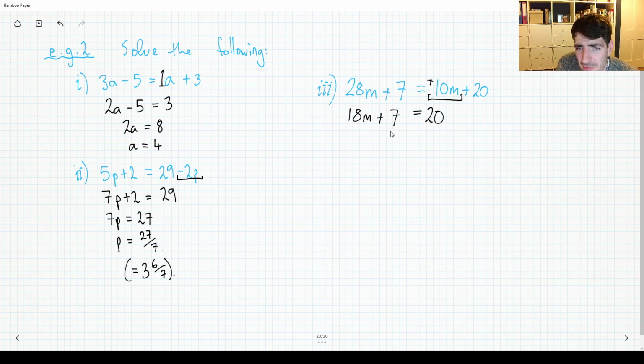Now we're going to take 7 from both sides, so we get 18m equals 13. Finally, we need to divide by 18. 13 is not a multiple of 18, so we can just leave it as a fraction. And this one is not top heavy, this is what we call a proper fraction. So we're done. And that's it.